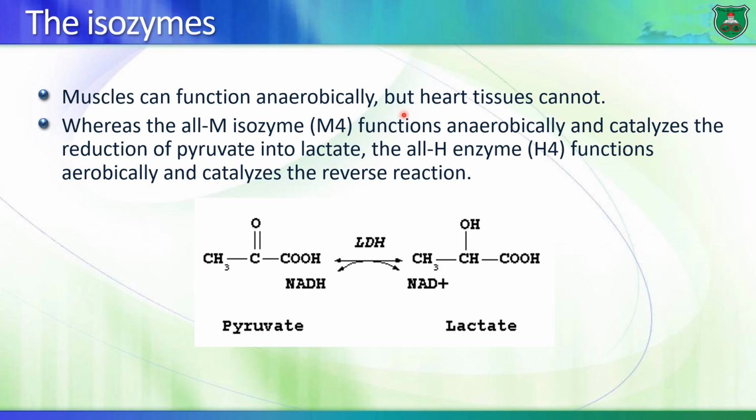They function mainly aerobically. Okay, and that is why they do not like to convert pyruvate to lactate. Rather, what they do is that they take lactate and convert it to pyruvate so that they can get pyruvate converted into acetyl coenzyme A that can get into the Krebs cycle or the citric acid cycle.